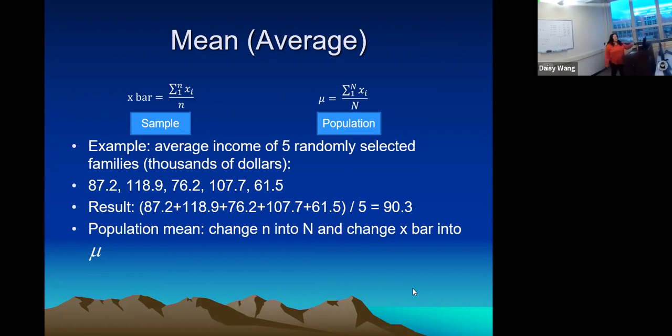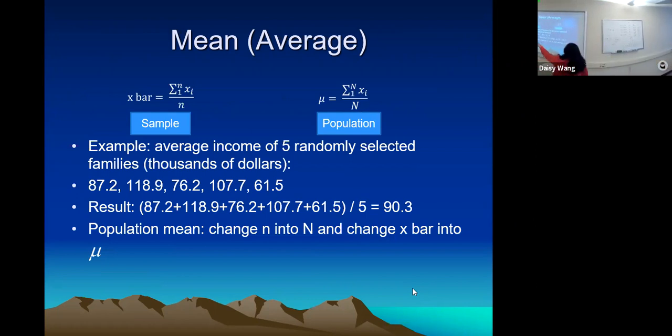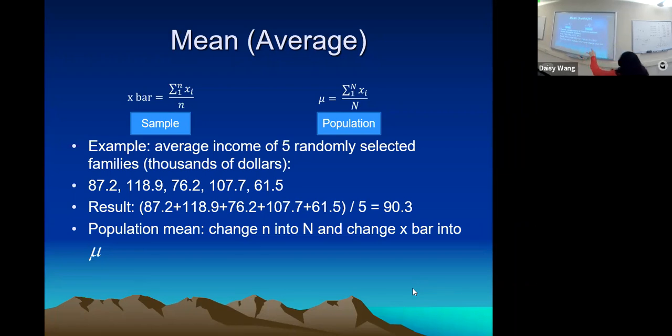For example, here are the average incomes of 5 randomly selected families: 82.2, 118.9, 76.2, 107.7, 61.5. We add it up, divided by 5, equals 90.3. So the average household and family income is $90,300 per year.